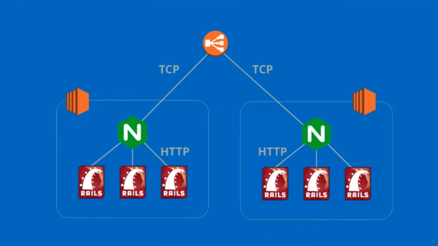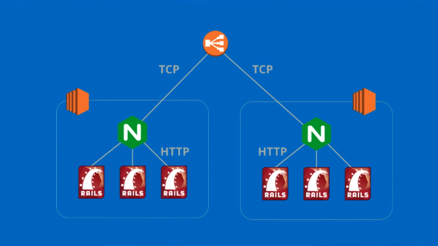It then routes that to the NGINX proxy that's running on each instance, and then the NGINX proxy routes to the app containers running on that instance over the local loopback device, so over localhost. And to comply with the requirement in Amazon's BAA, the communication between the ELB and the NGINX proxies is plain TCP, and it must be encrypted.